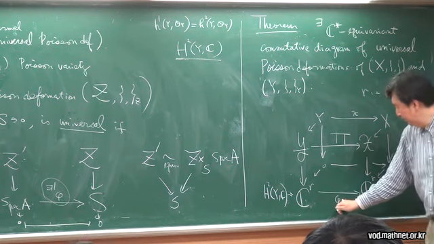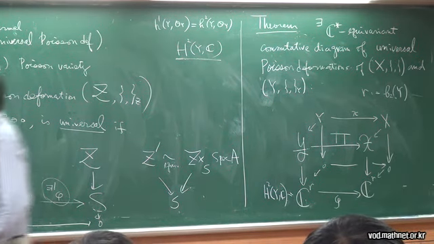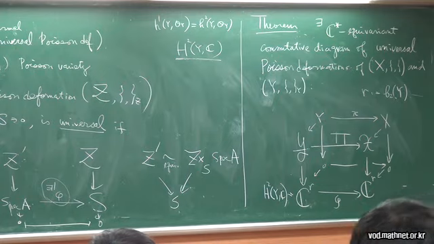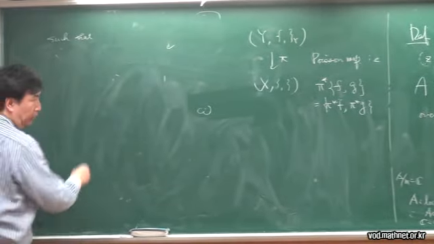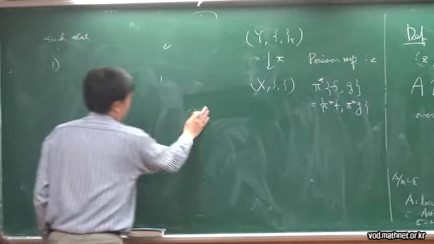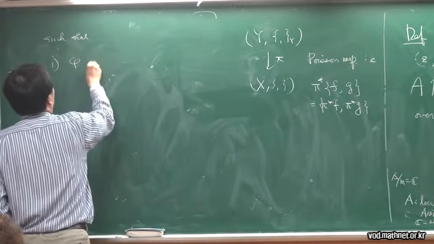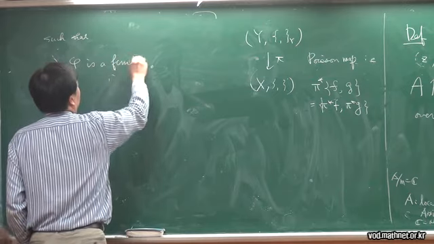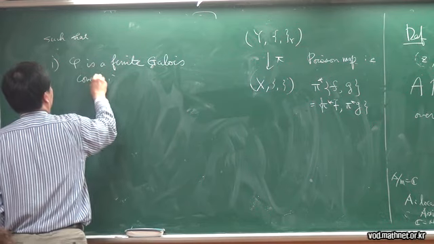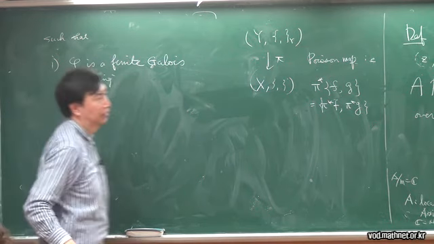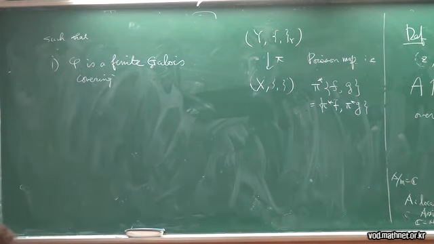And this is such that the following property holds. First, phi is a finite Galois covering. In this case, there is no obstruction, so the Poisson deformation of Y is unobstructed, and the Poisson deformation of X is also unobstructed.